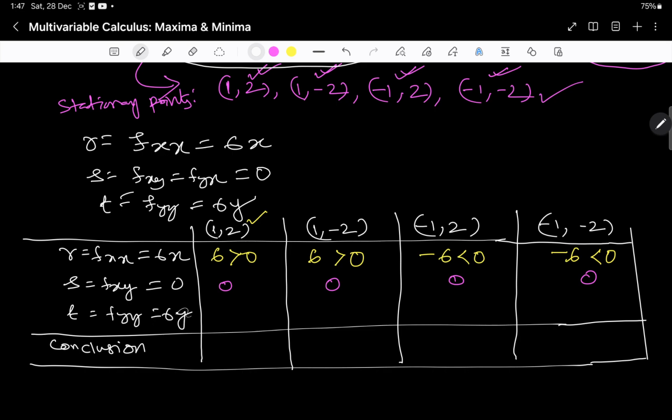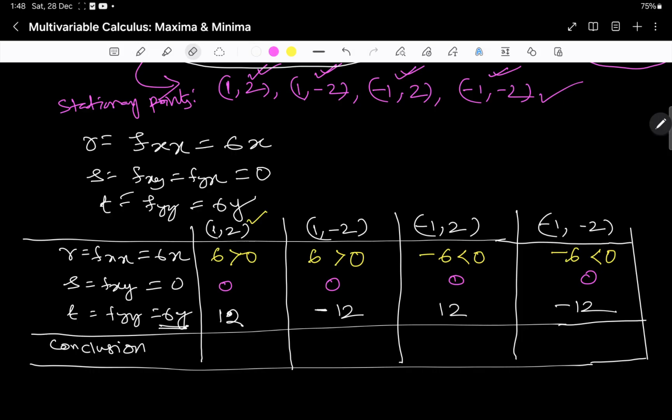Coming to your t, it is 6y. At the point (1, 2) it is 6 into 2, it is 12, right? Then it is -12, then it is 12, it is -12.